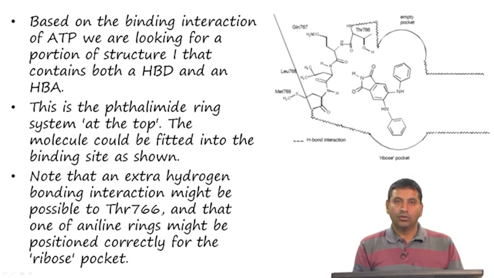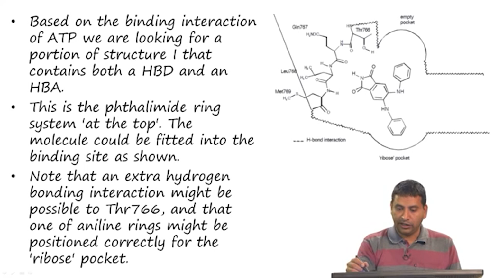Okay. So, with this in mind, now let us look at how to solve this problem. Based on the binding interaction of ATP, we are looking for a portion of the structure that contains both a hydrogen bond donor and a hydrogen bond acceptor. Okay. So, there is only one choice here, that is the phthalimide ring, which is at the top. So, the molecule can be fitted into the binding site as shown here.